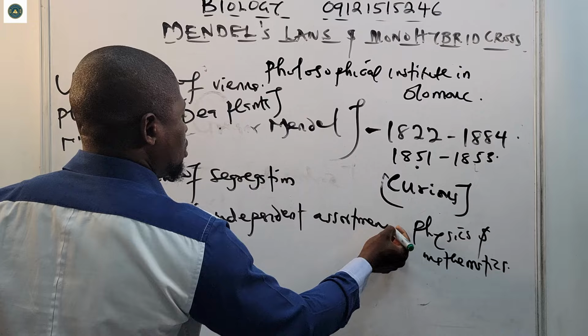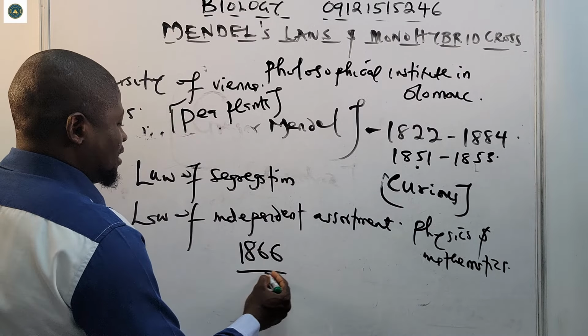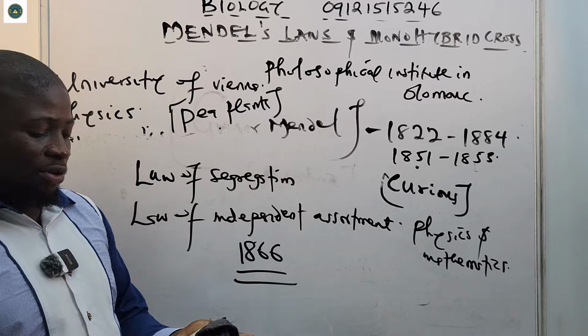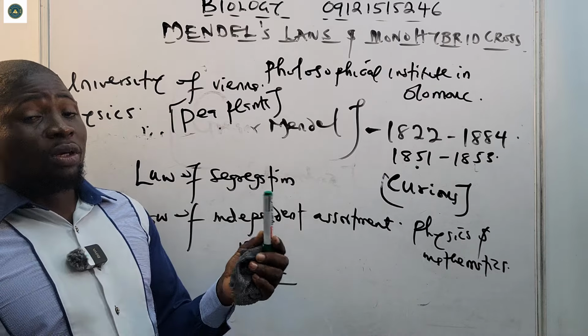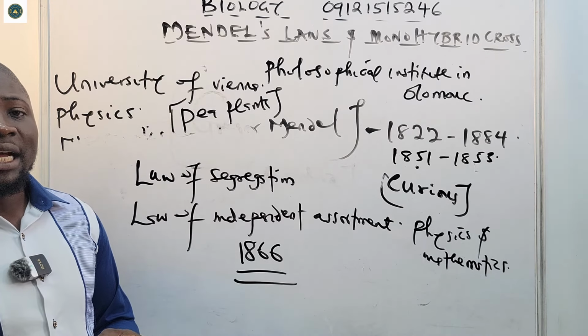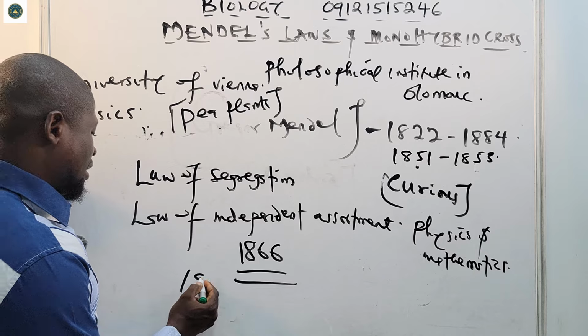assortment. Mendel published his work in the year 1866, but it was not given much attention at that time. Some years later, his work was rediscovered, especially in the year 1900.